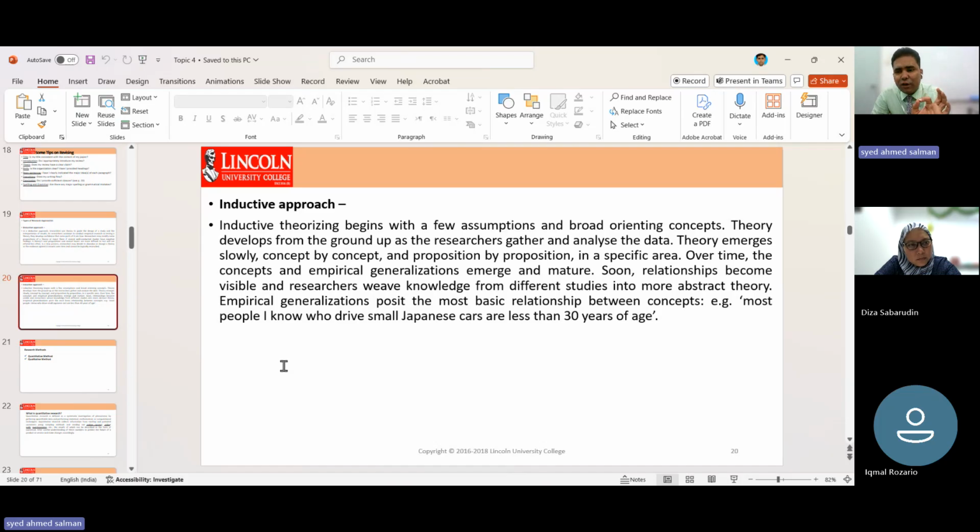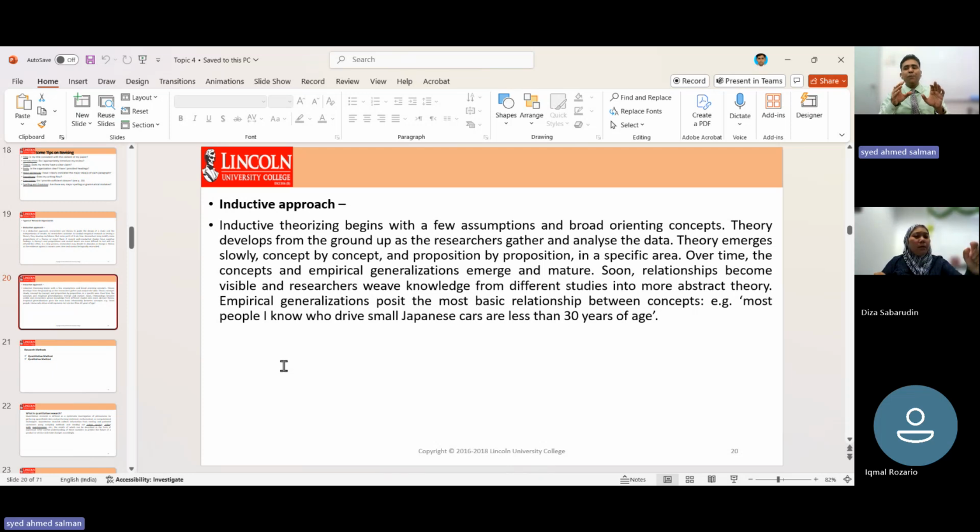In inductive approach, you do not have the theory, only predictions. First you are predicting, then you are doing the research, then slowly you are developing the theory.